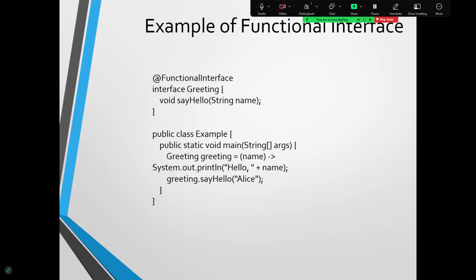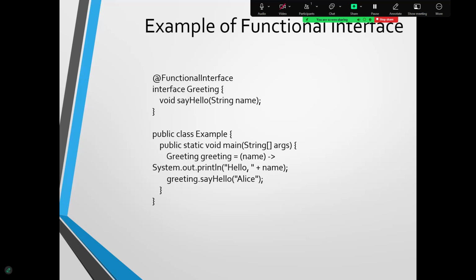So you are putting one method, and when you call this method without giving any class name inside the public class example, you're saying greeting is equal to, and then you are directly assigning, and you're doing a System.out.print hello plus name. But observe what is important is the last sentence, greeting dot sayHello.